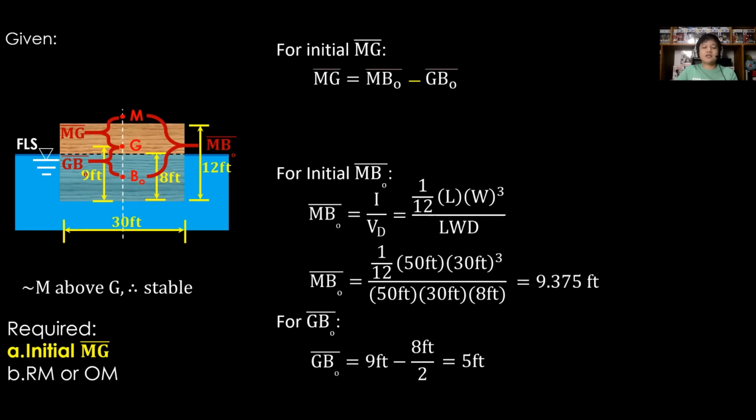Thus, consider the system under stable condition. And since G is above BO, we will adopt the subtraction process. Substitute MBO bar and GBO bar values. Therefore, the initial MG bar is equal to 4.375 feet.